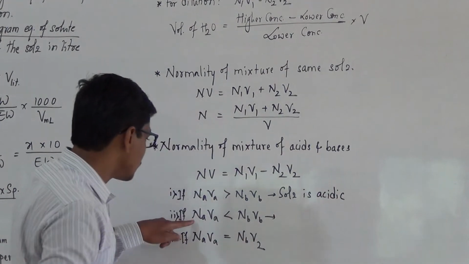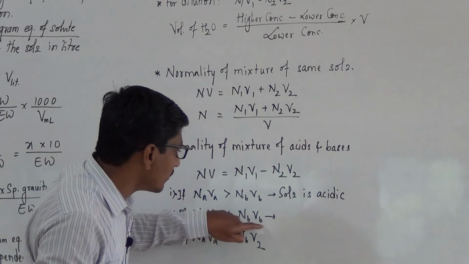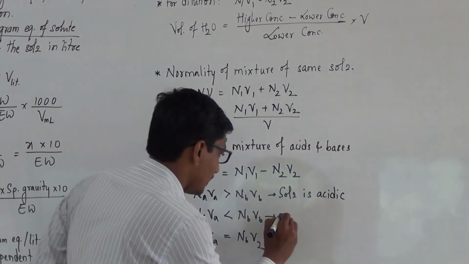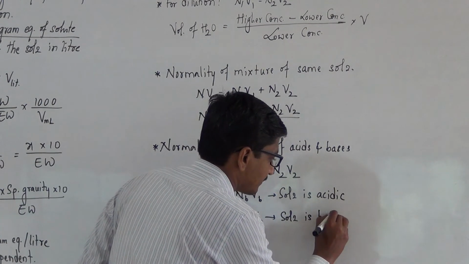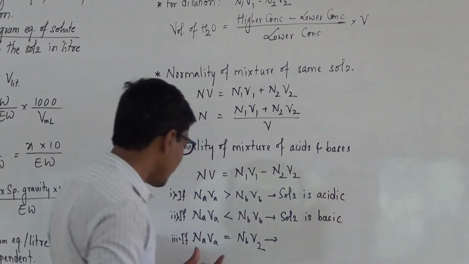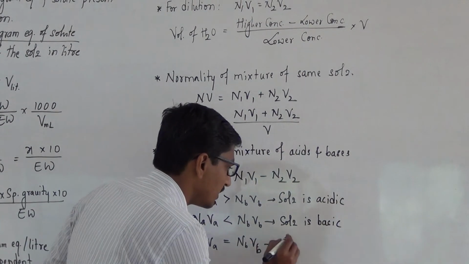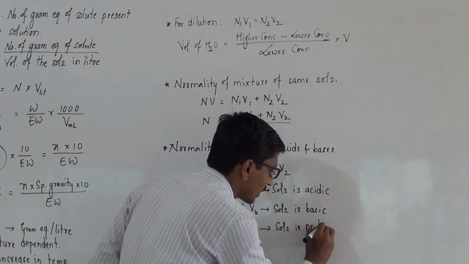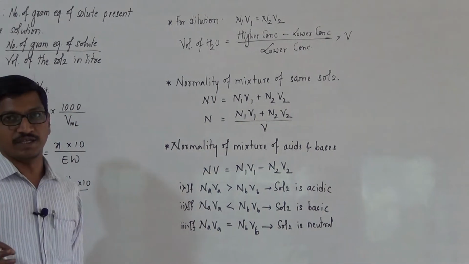If NaVa is less than NbVb, or NbVb is greater than NaVa, the solution is basic in nature. Then the last case, NaVa is equal to NbVb, the solution is neutral in nature. These are the three different cases.